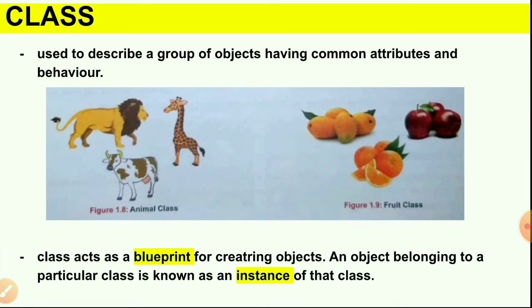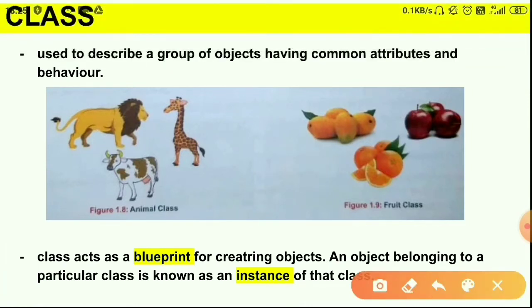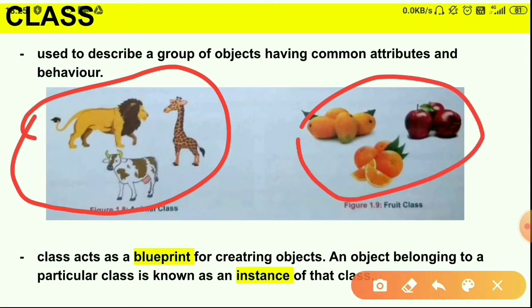If you look at the diagram, we have got two classes here, animal class and fruit class. Now the animal class will have all the common attributes and common behavior among all animals. Okay, so listen carefully.